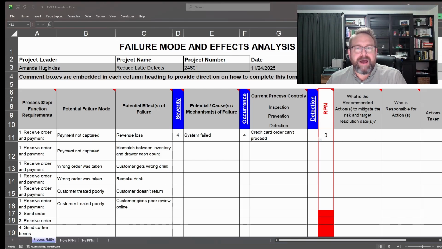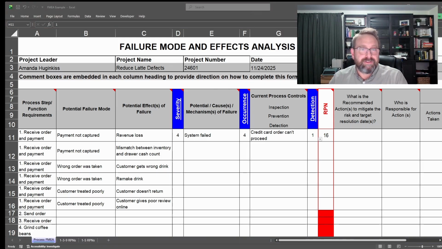Let's talk a little bit about detection. A common mistake is to forget that bad is always towards the highest number. It's natural to think that a high severity is a 5, right? Something very severe, it's a 5. And if it's a high occurrence, it's a 5. But is high detection a 5? No, it's not. It's a 1. So 1 is good, 5 is bad, right? So low detection or no detection would be a 5.